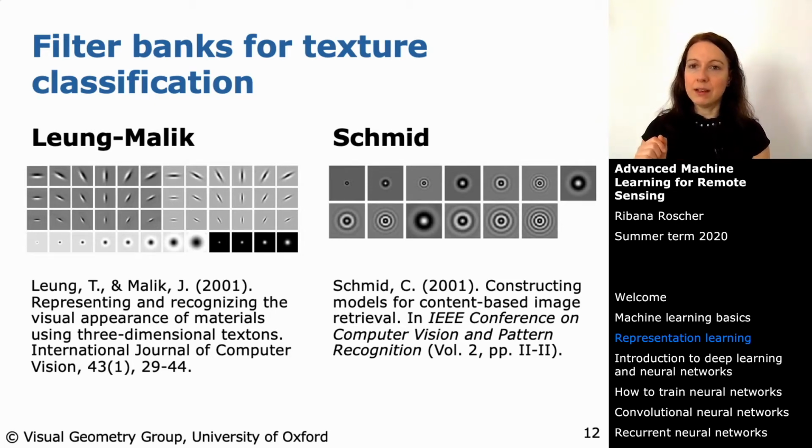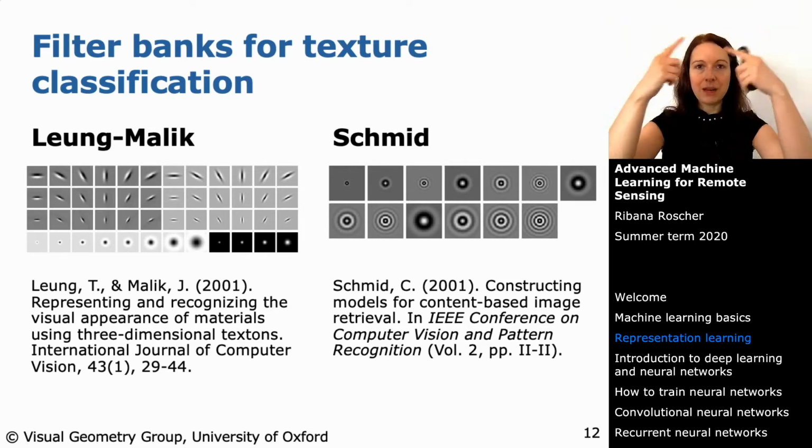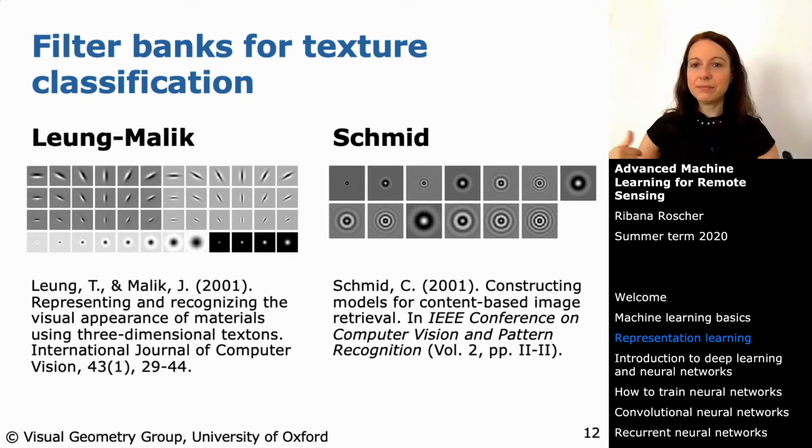And so here you can see two very famous filter banks. The one is the Leung-Malik and the other one is the Schmidt filter bank. And as you can see, the Leung-Malik has a lot of edge filters and also some Laplacian of Gaussian. They are also called Mexican hat, because when you plot these Laplacian of Gaussian, they have a shape like a Mexican hat.